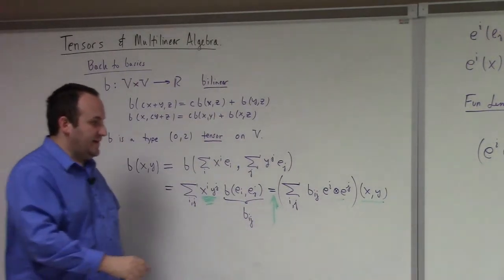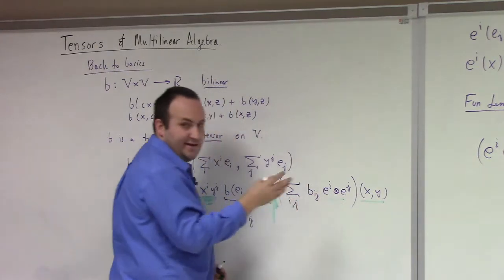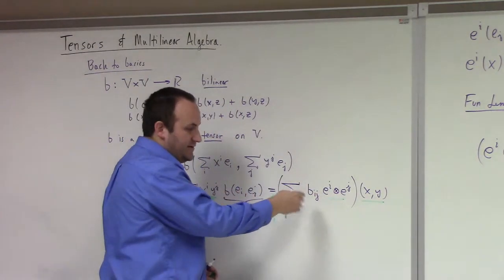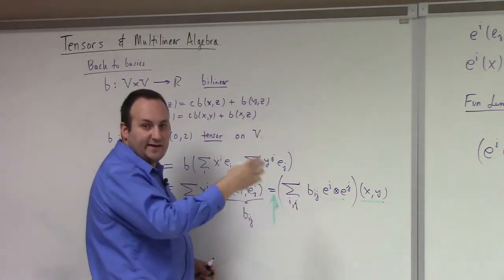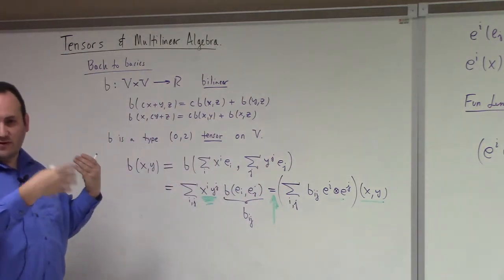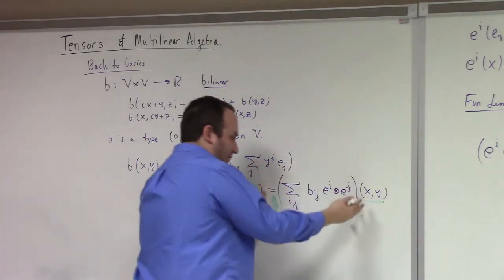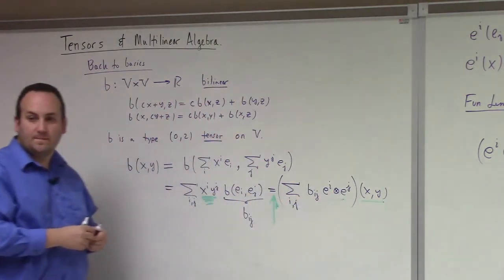Technically speaking, it's B_ij, like B_11 e^1 tensor e^1 acting on (x,y), plus B_12 e^1 tensor e^2 acting on (x,y), added together, but using the pointwise addition of functions, I can group it all into one big function acting on the pair.